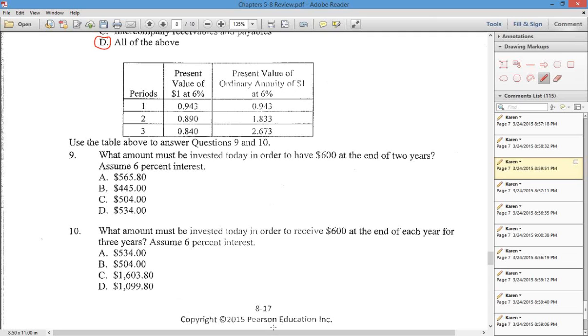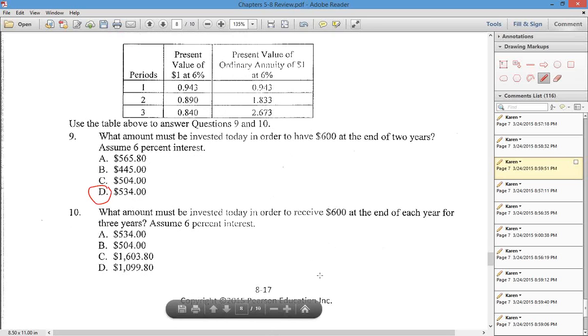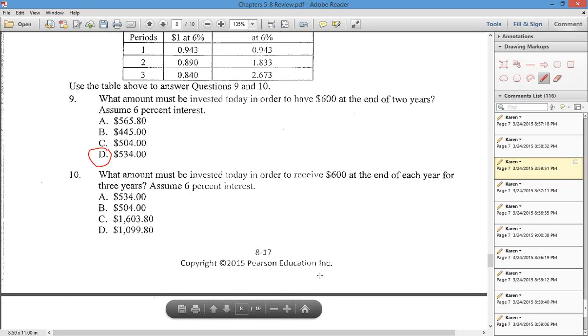Okay, that's correct. How about 10? You don't know 10?